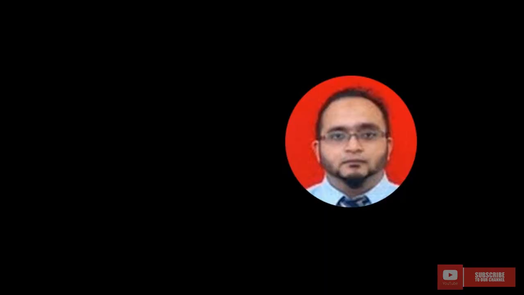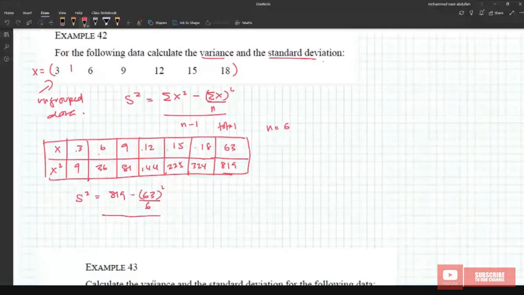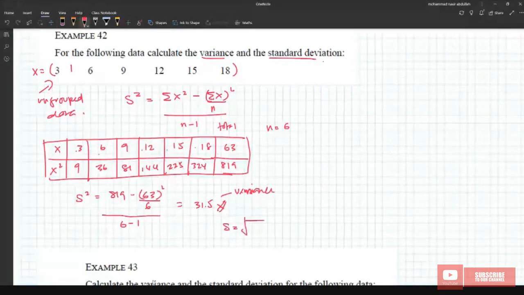So this should be equal to 31.5. This is the sample variance. And if you want to find the standard deviation, it is the square root of the variance, which is the square root of 31.5, equal to 5.612.